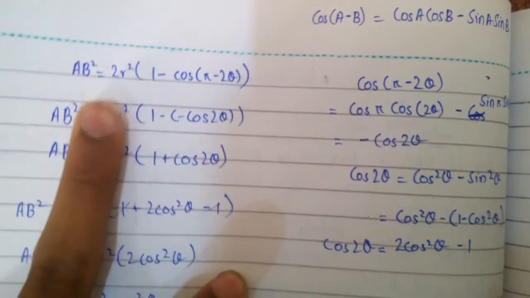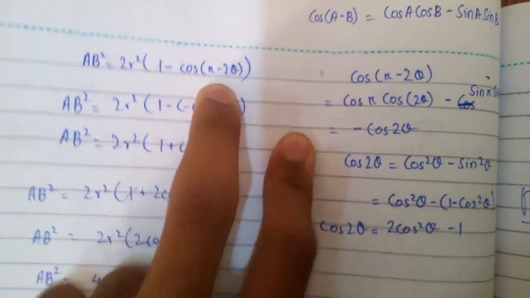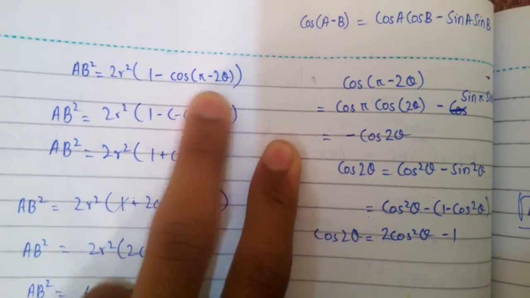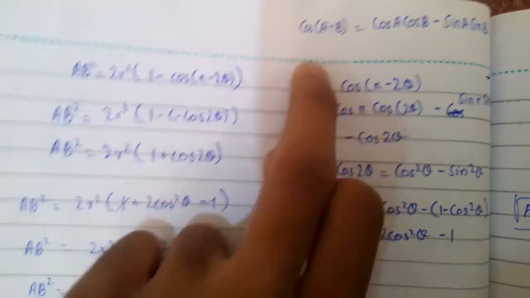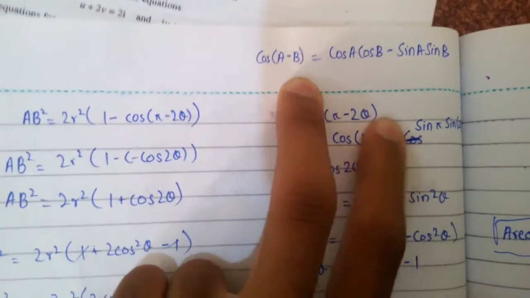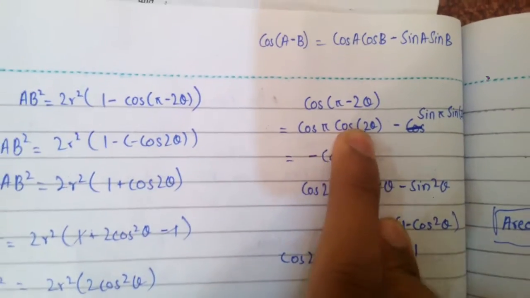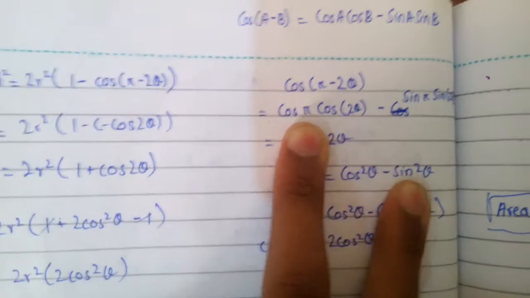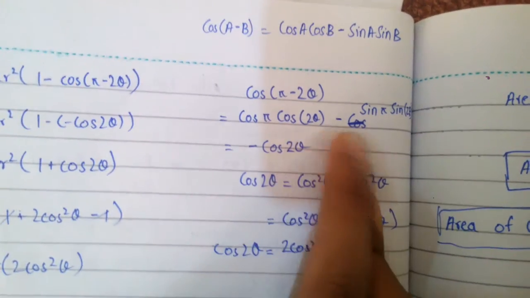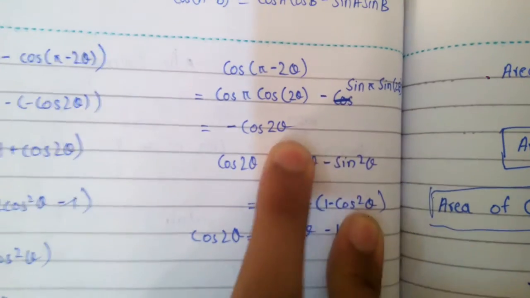So AB square is equal to 2R square (1 minus cos(pi minus 2 theta)). Now we know it's pi minus 2 theta, so you can just use the rule cos(A minus B), which gives us cos A cos B plus sin A sin B. So I've used here cos pi cos 2 theta plus sin pi sin 2 theta.